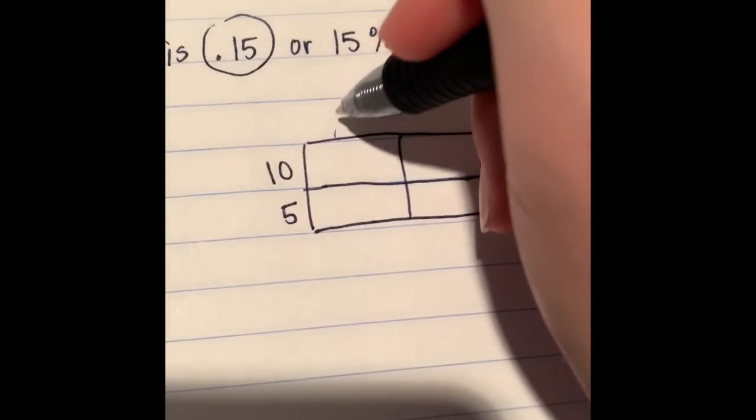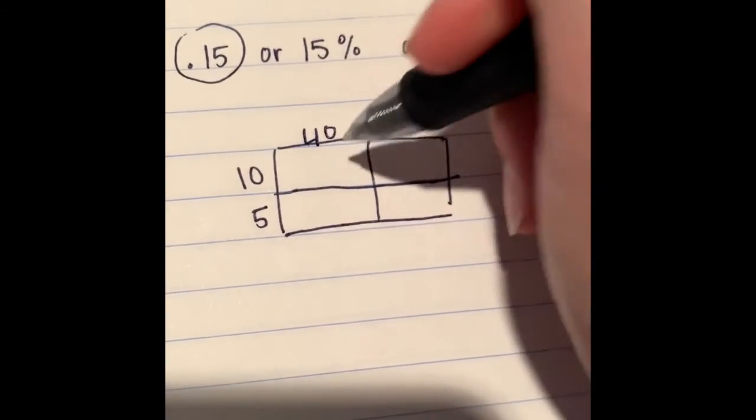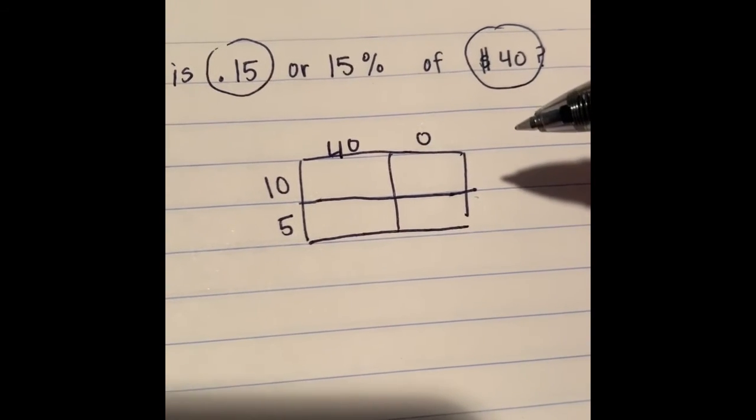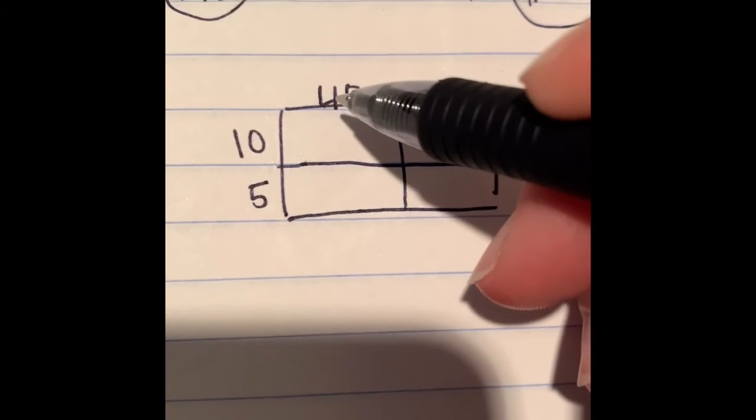So I'm going to have over here 10 and 5, that's 15 because there's 1 10 and 5 ones. And then 40, I have 40 and 0. So now I'm going to be multiplying and 40, and remember I will add these zeros back in.